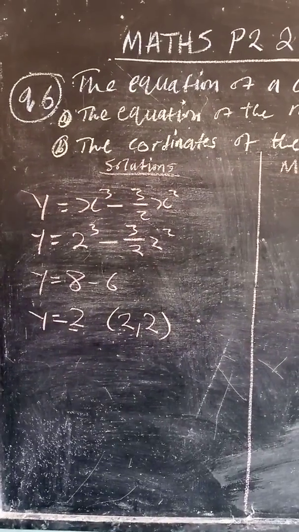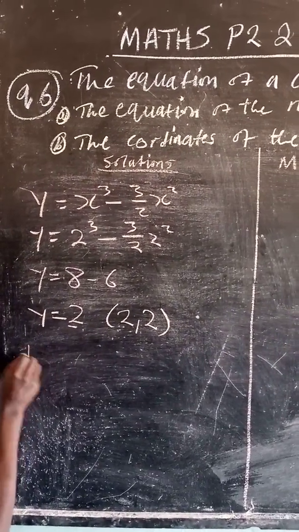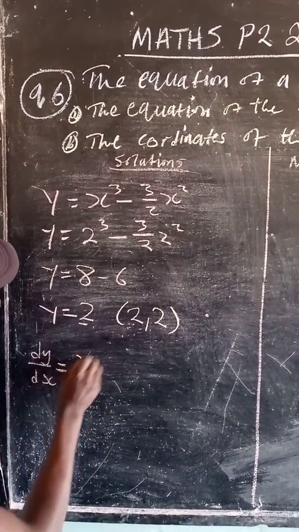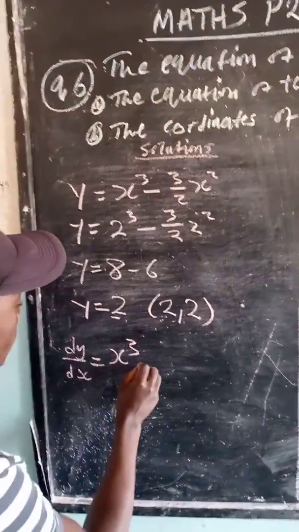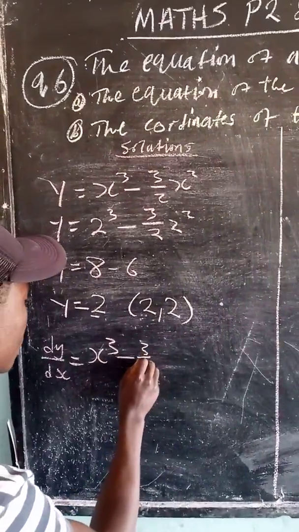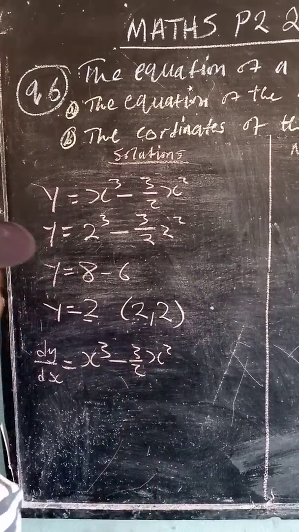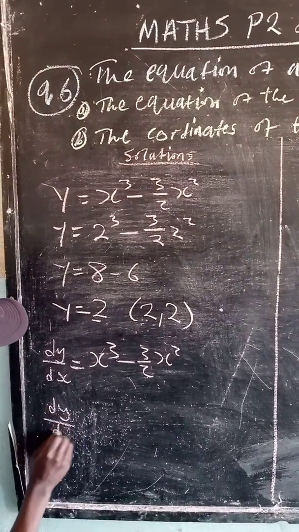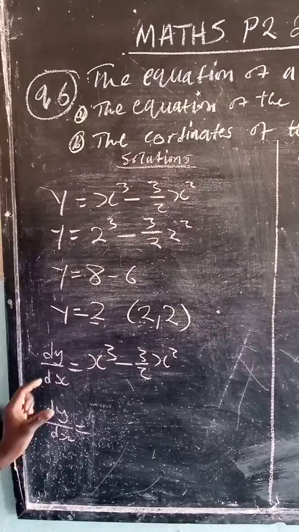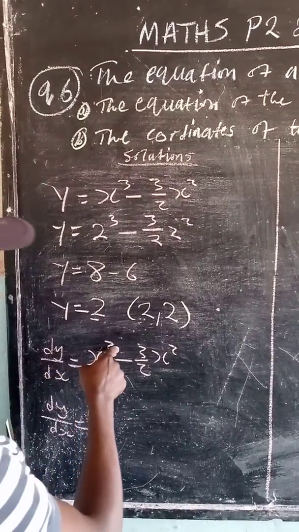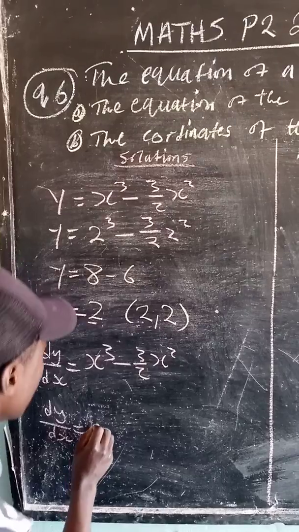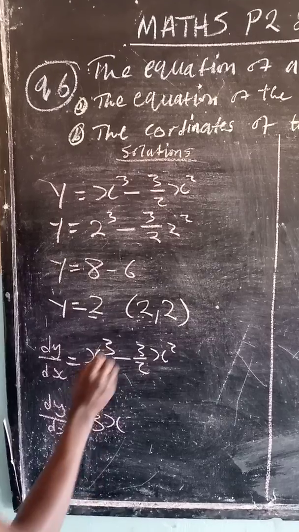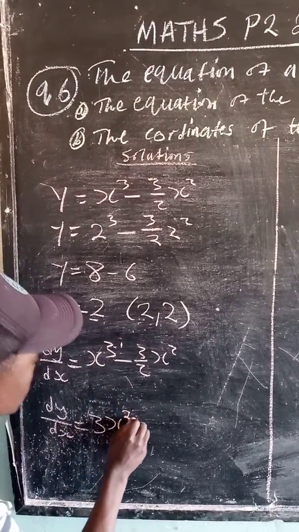Then we'll move on further by finding dy/dx. So we say dy/dx is equal to, here we let the power multiply the base. So we do this, 3 times x squared, it is 3x squared, with the power minus 1, which is 2.